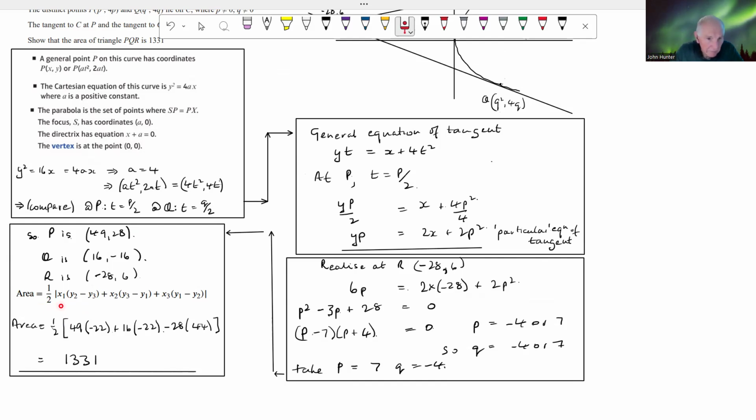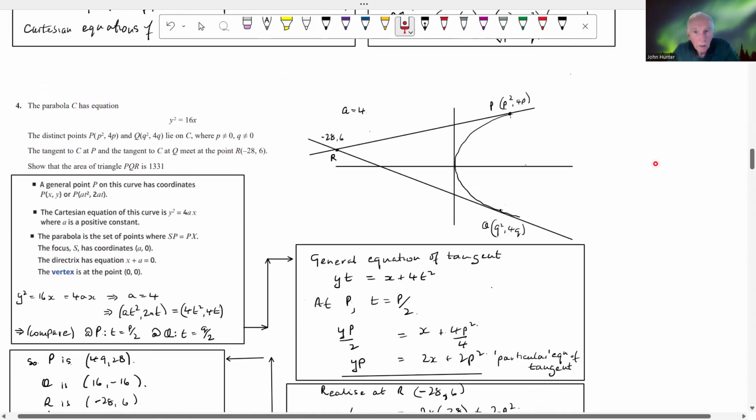It's not too bad: half of x times the difference of the y's, plus x times the difference of the y's, plus x times the difference of the y's, three times, and the indices cycle round, one, two, three, two, three, one, three, one, two. That might help you to remember it. When we plug in the values from these points, sure enough, we get 1,331 as the area of that triangle.